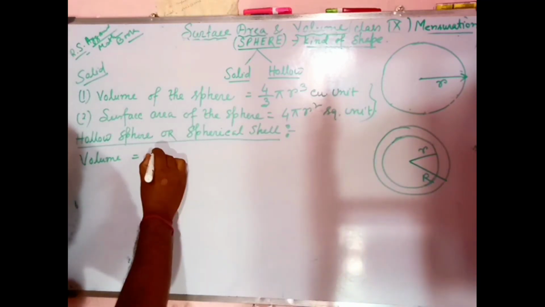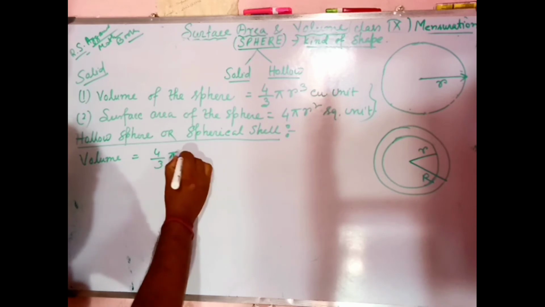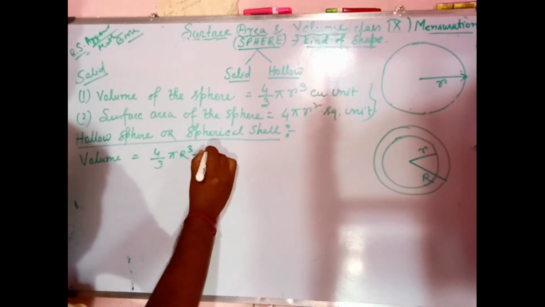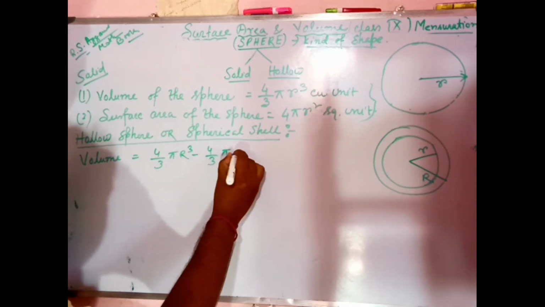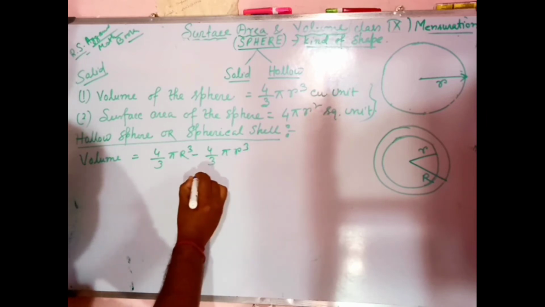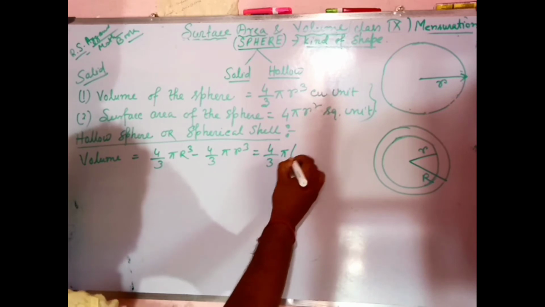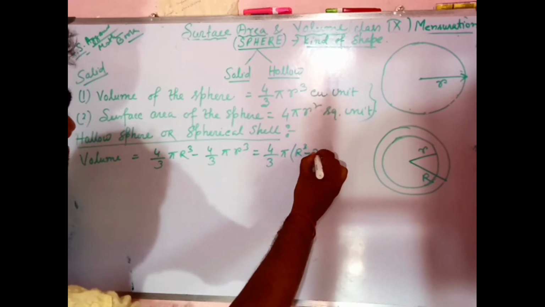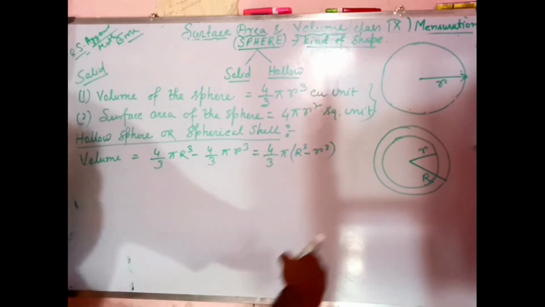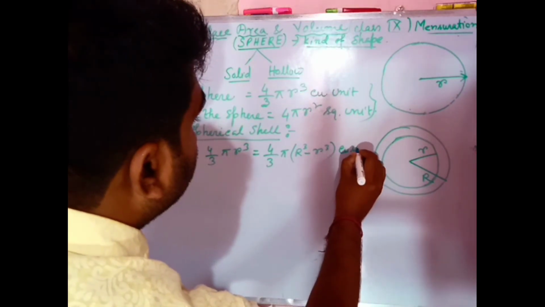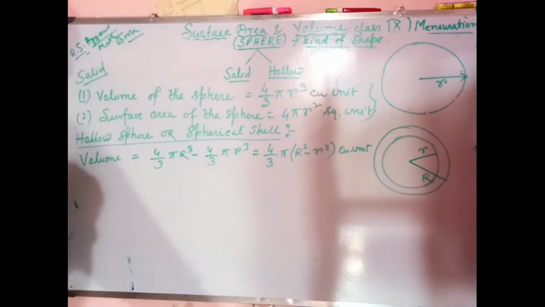That means 4/3 pi r cube minus 4/3 pi small r cube, which equals 4/3 pi (r cube minus small r cube) cubic unit. Understood?